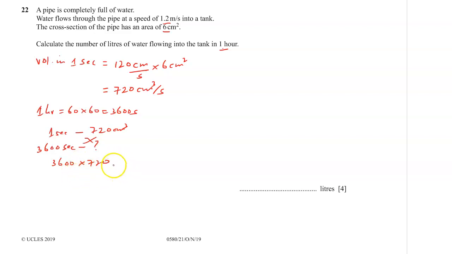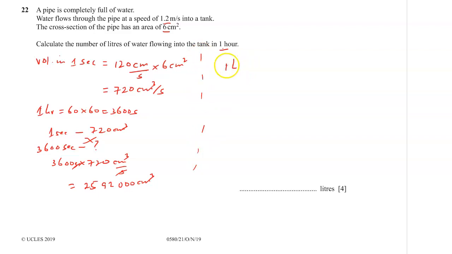This will give us centimeters cubed. There is a second per second, so the seconds will cancel. Therefore, what we get here will be 2,592,000 centimeters cubed.